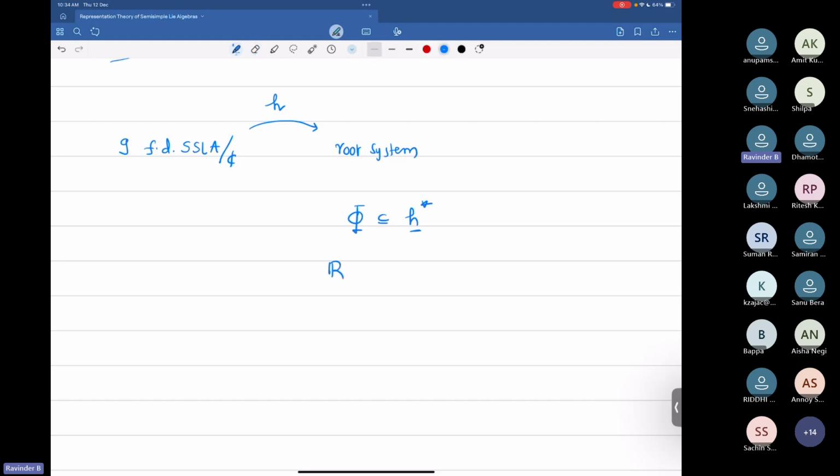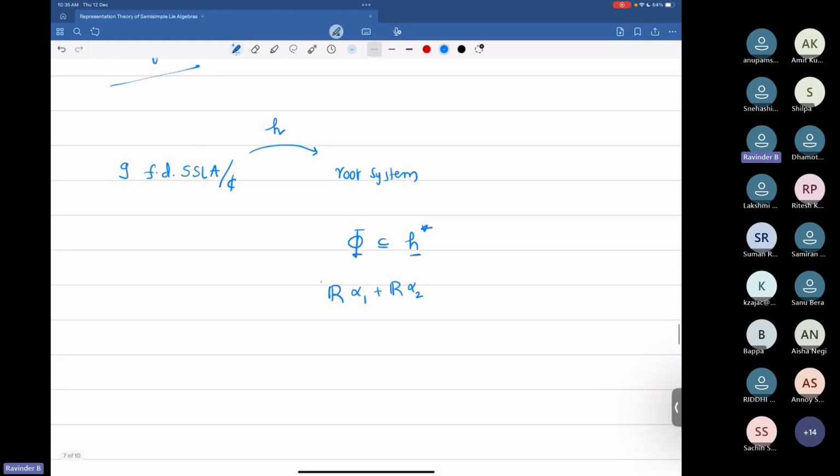In the SL3 setting, for example, take the real span of those roots: R alpha 1, R alpha 2, and all other roots. So this is the sum over alpha in pi of R alpha. This is actually a real vector space, a Euclidean space.